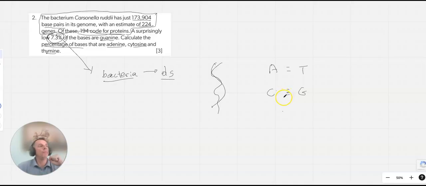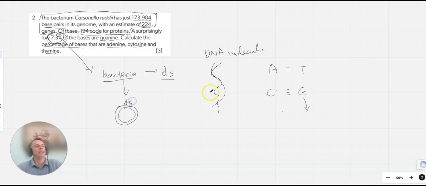So if we know the percentage of guanine bases in the whole DNA molecule, actually the DNA molecule of the bacterial species is a circular, double-stranded DNA molecule, and you know that guanine percentage is 7.3%.